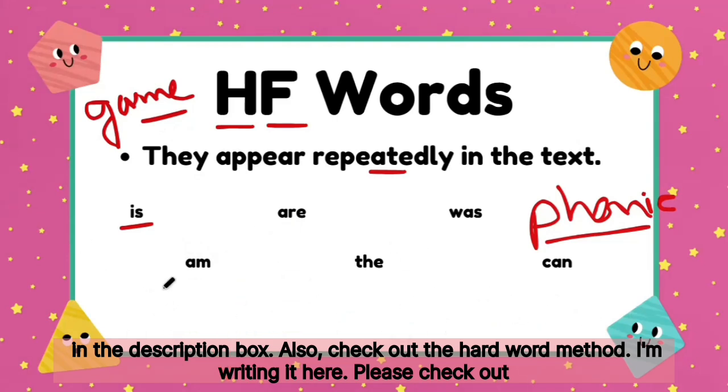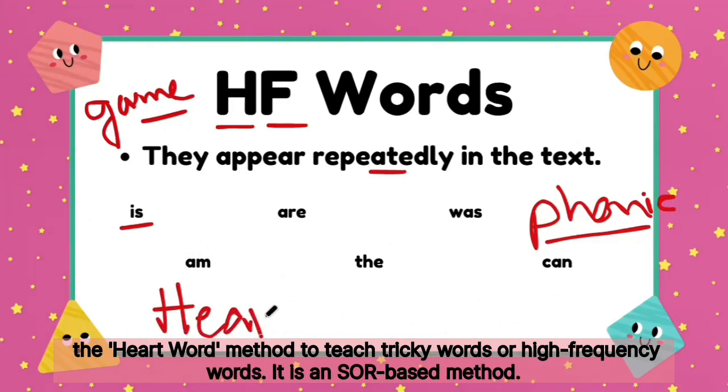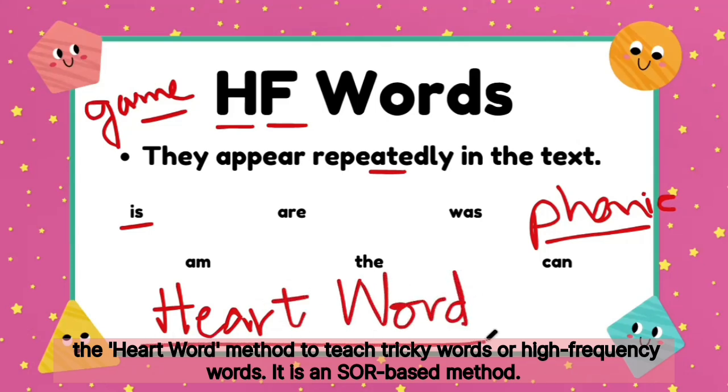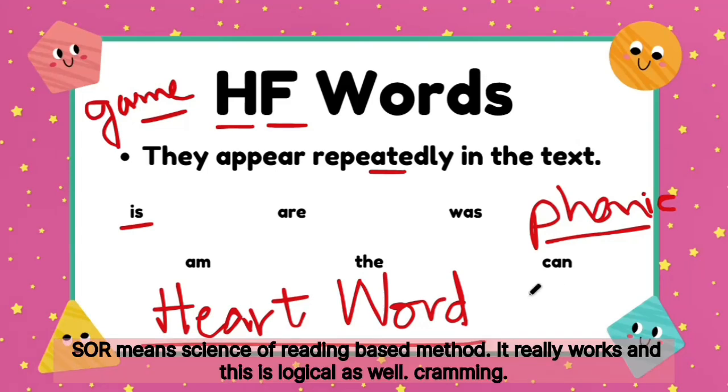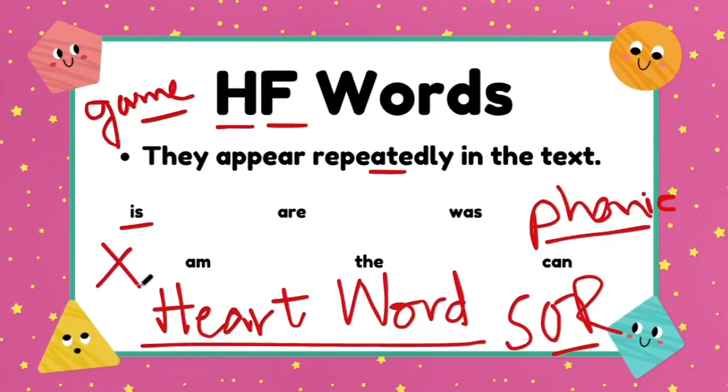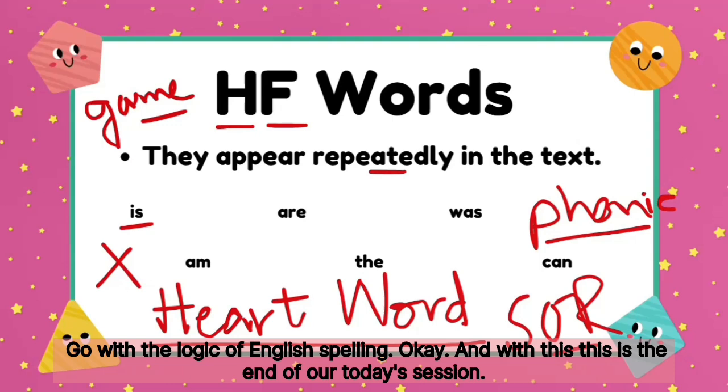I'm writing it here. Please check out the heart word method to teach tricky words or high frequency words. It is an SOR based method. SOR means science of reading based method. It really works, and this is logical as well. No cramming, go with the logic of English spelling.